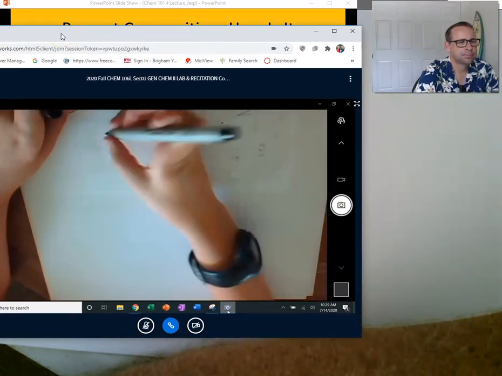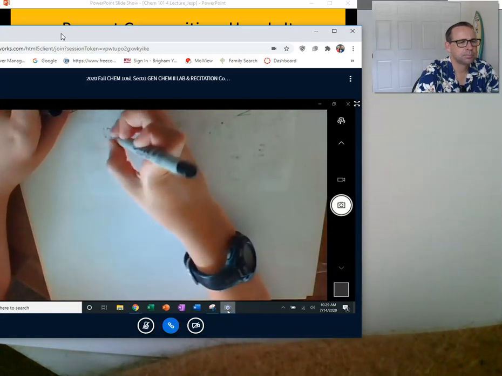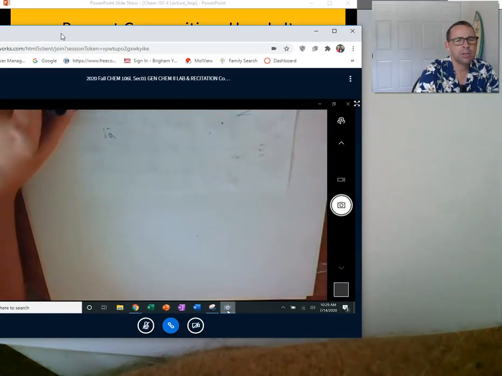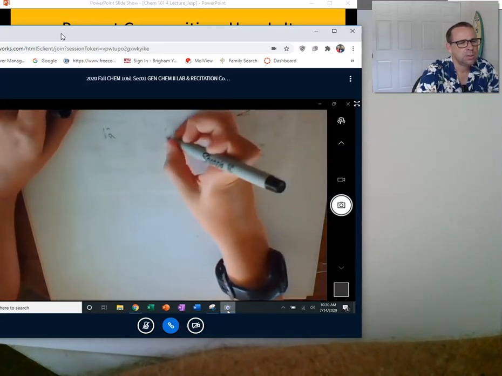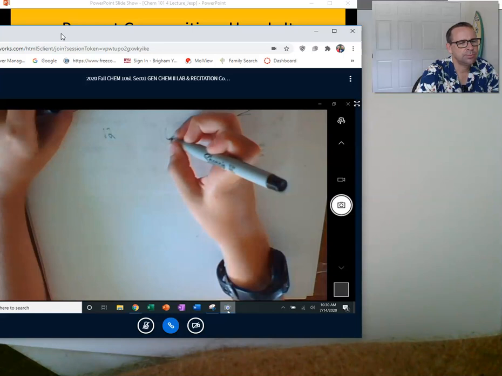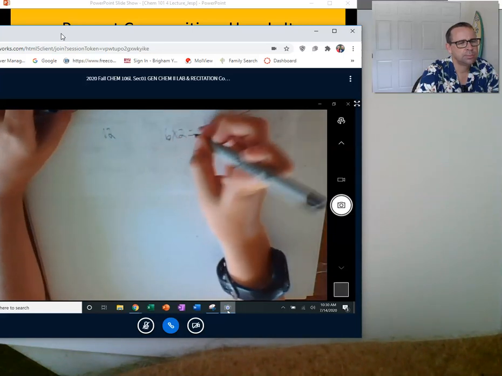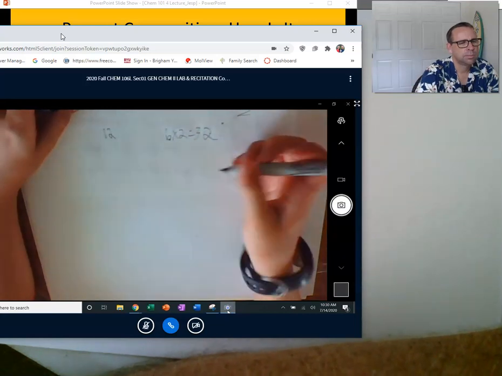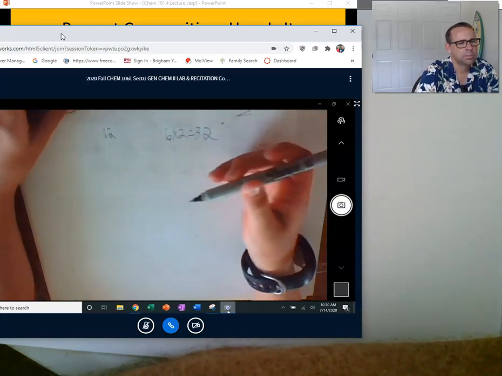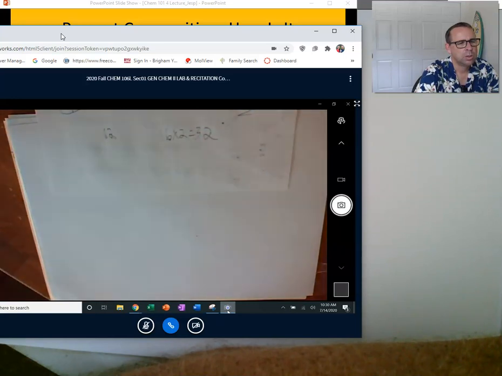It is 12. 12 is carbon, good. Oxygen, 16. 16 times 2 is 32. Find the percentage.